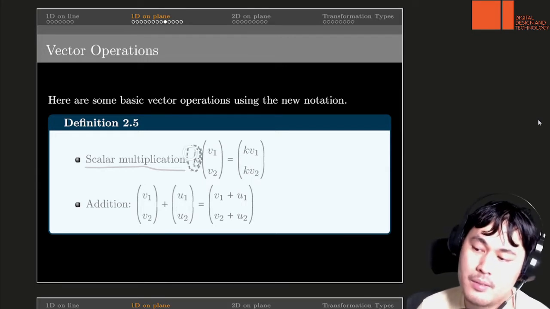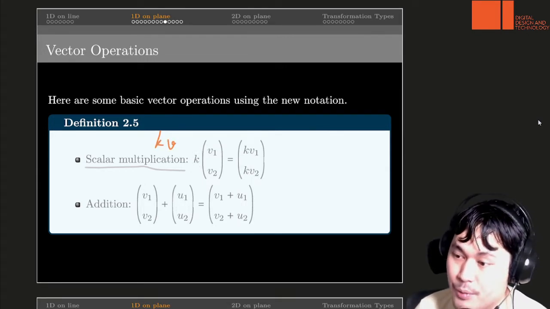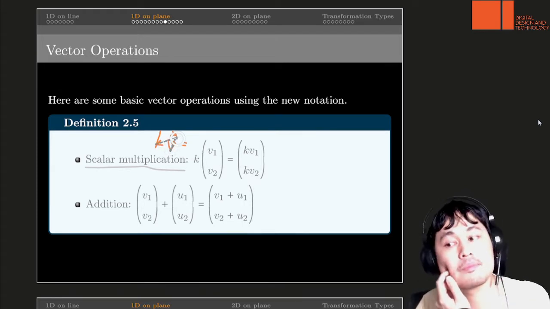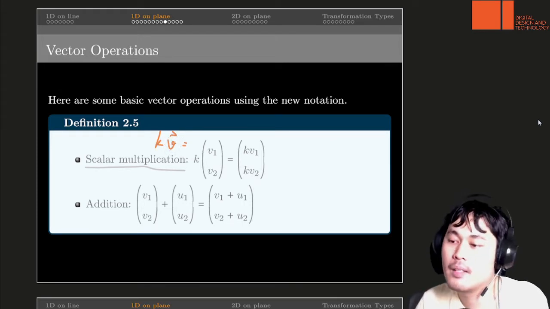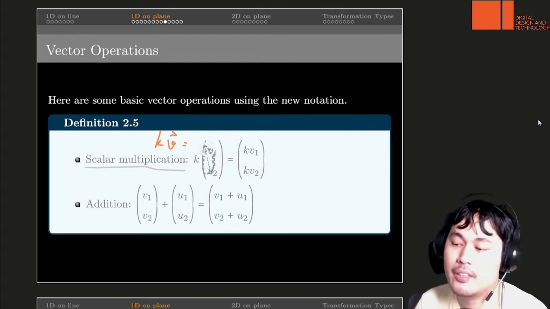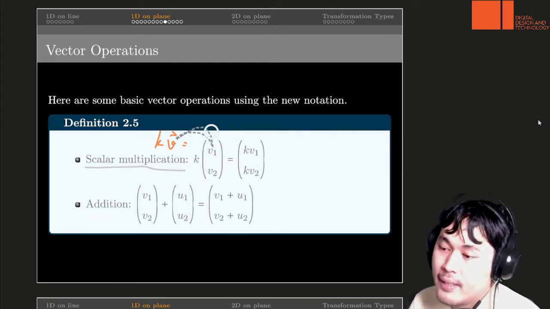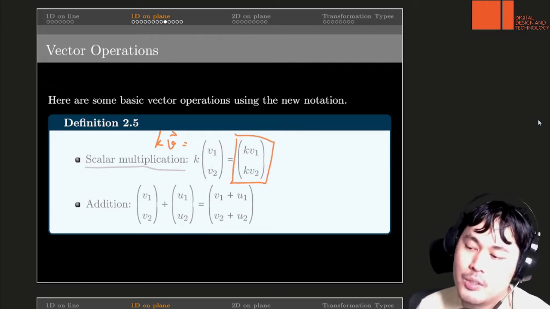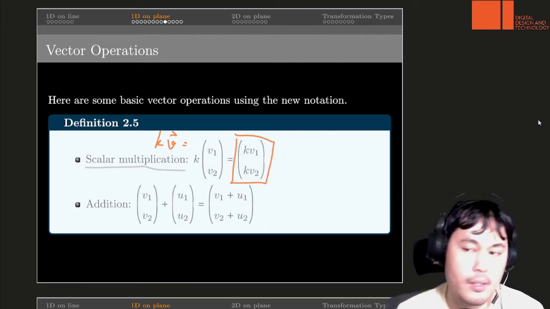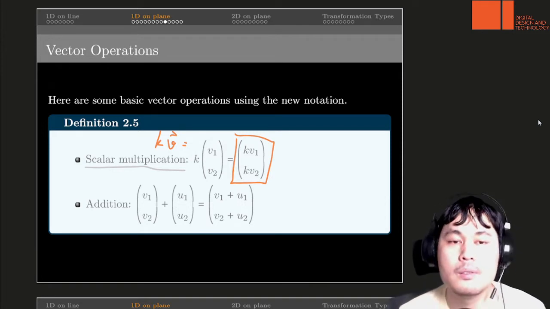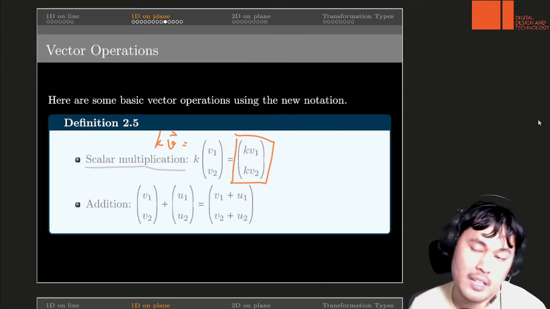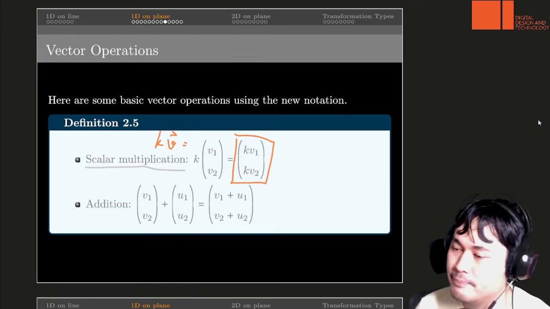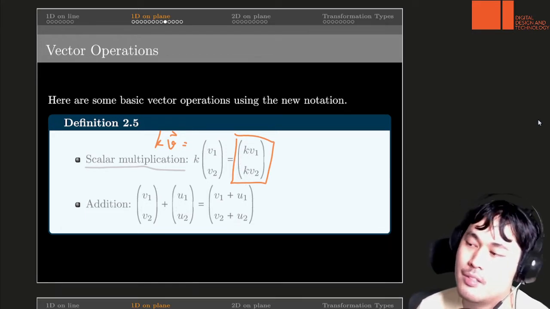This is a notation, or actually it's k times v. I should also add that it's k times a vector. If you expand the vector itself, then you compute it by multiplying k to both of the numbers above and below. And we will see in a moment why we have to multiply them both to make sense. So that's a scalar multiplication.